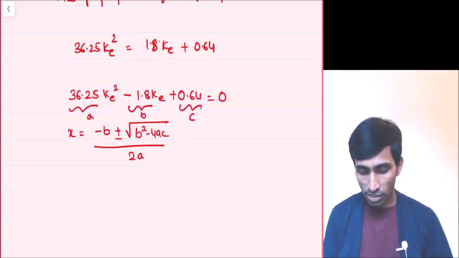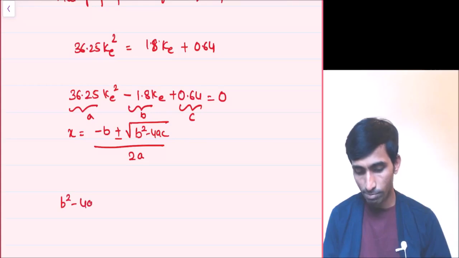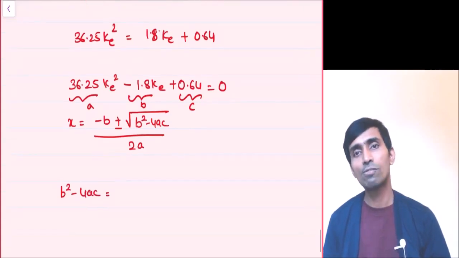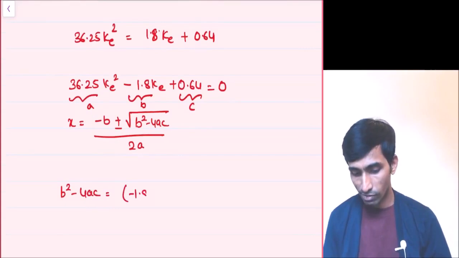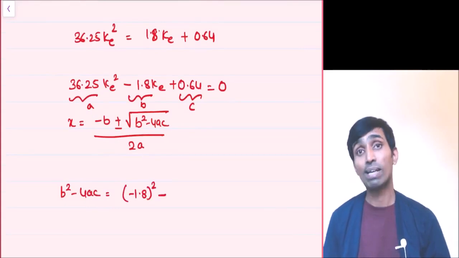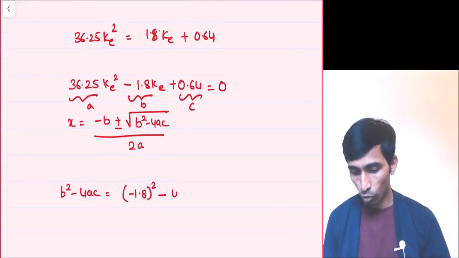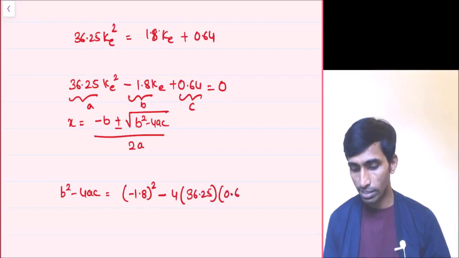First I'll calculate b square minus 4ac. So b square means minus 1.8 the whole square. b is minus 1.8, remember, minus 4 into a is 36.25 multiplied by c is 0.64.